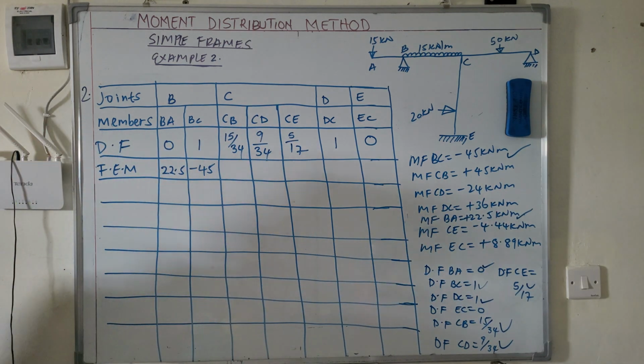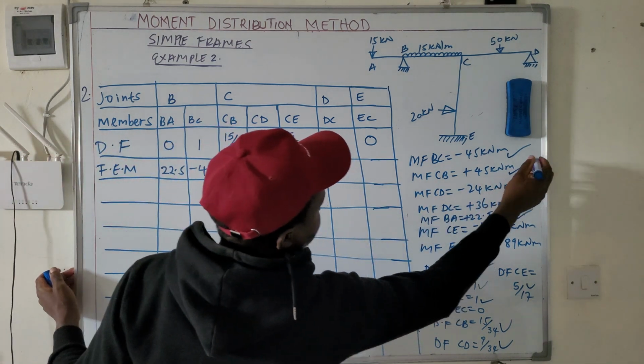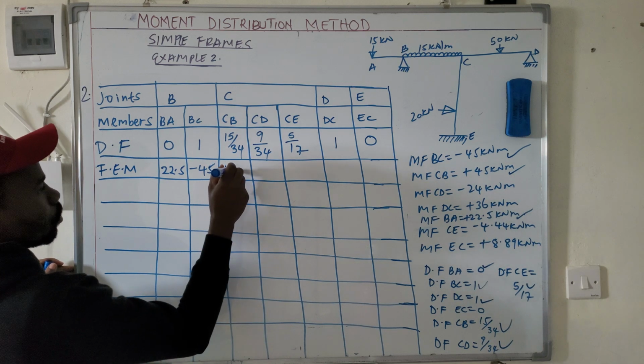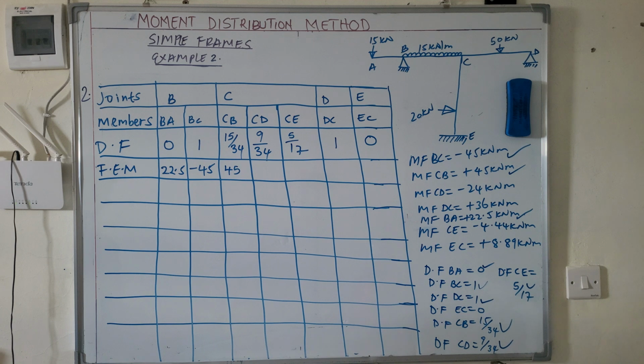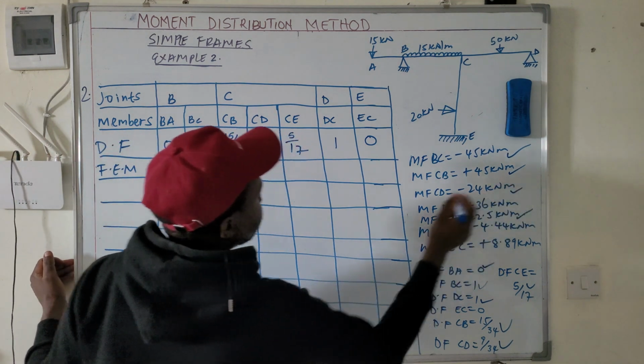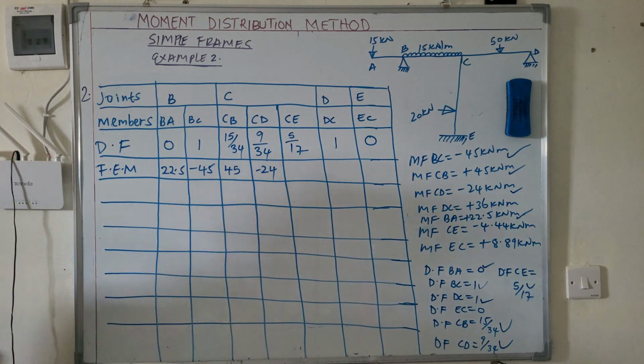Member CB, positive 45. Member CD, negative 24.